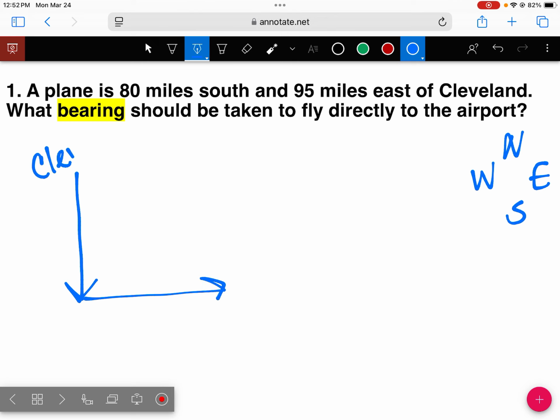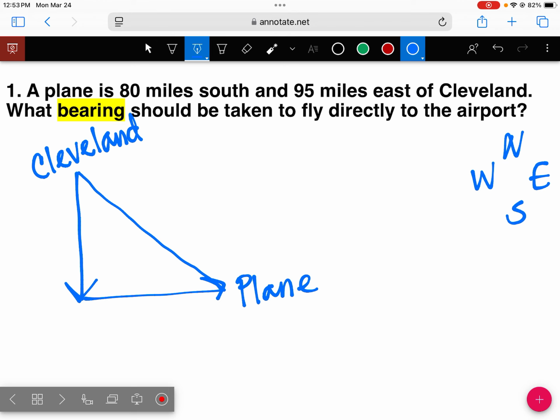So this is Cleveland, and right now, this is our plane. It's asking what bearing should be taken in order to fly back to the airport. So this would be the direction that we're going.